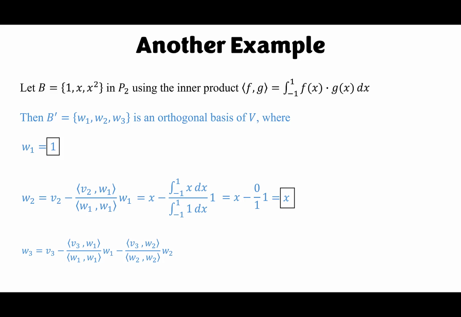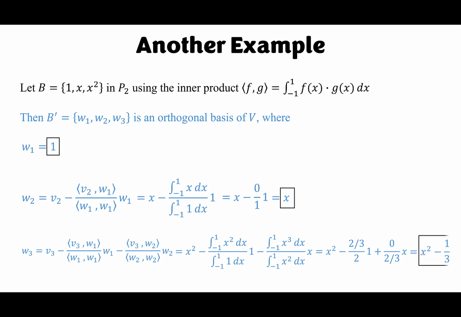So those inner products are integrals. And you can compute those integrals and get 2/3 divided by 2 for that first ratio and 0 divided by 2/3 for that second ratio. And therefore, x squared minus 1/3 is W3. So that's our third orthogonal function for this orthogonal set that forms a basis for V.